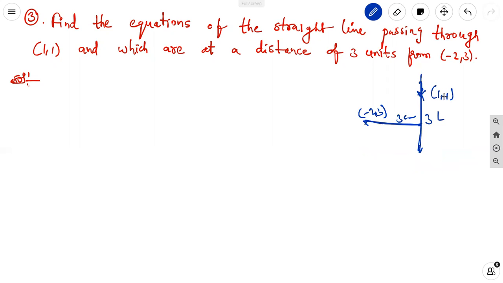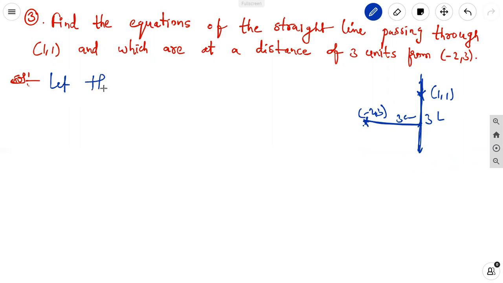This is a line passing through (1, 1), and there is one more point whose perpendicular distance to that line is 3 units. The line is the same line, passing through the given point.